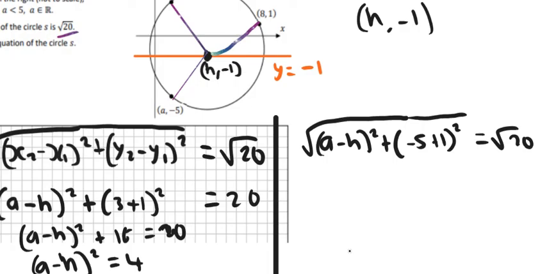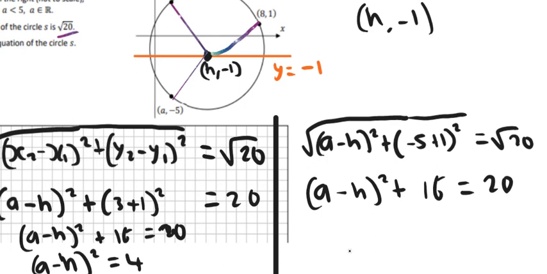I can do the same thing again, just square both sides. It gets rid of the roots on both sides, so I get a minus h squared plus, and it'll be minus 5 plus 1 will be minus 4, so plus 16 is equal to 20. And I'm just getting the same thing here actually. So a minus h squared is equal to 4.